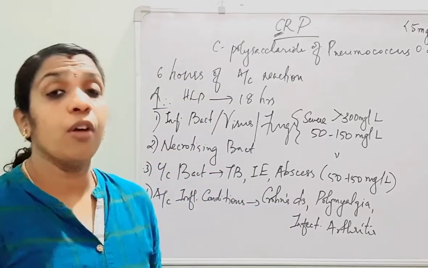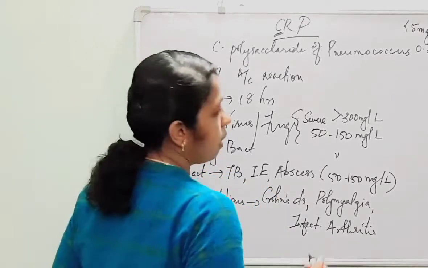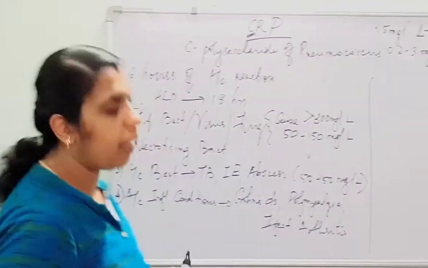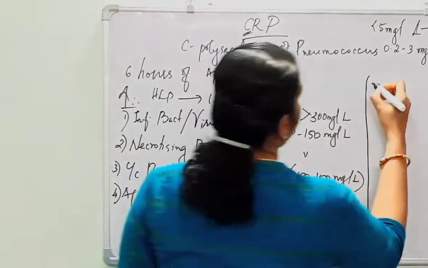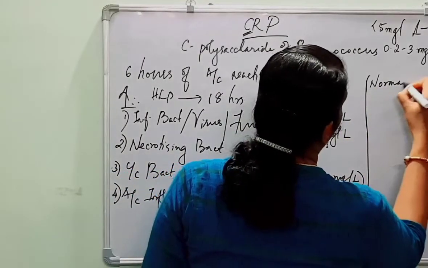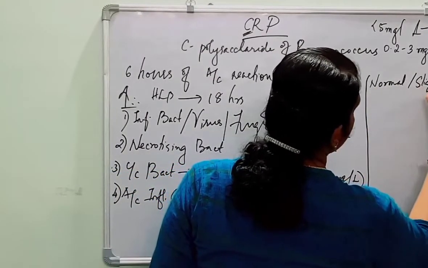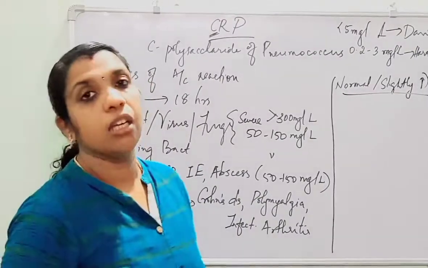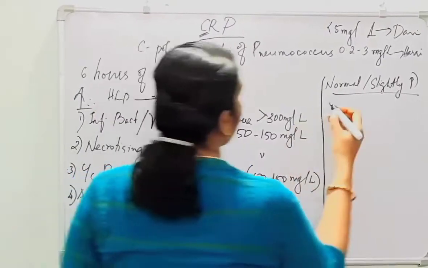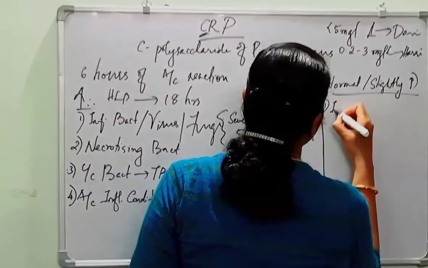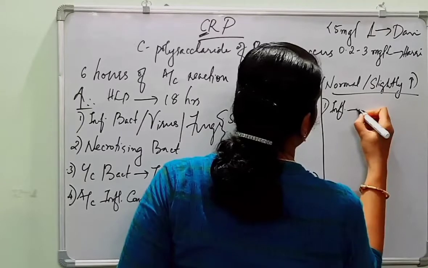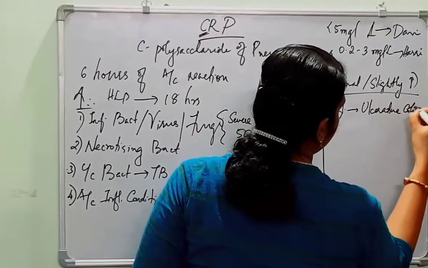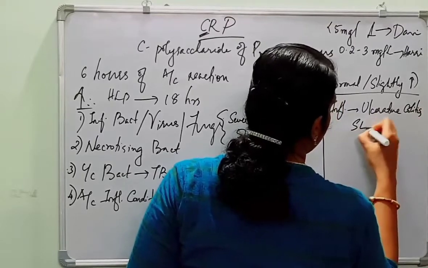Now let us see some of the inflammatory or systemic conditions where CRP will be normal or slightly increased. Inflammatory conditions such as ulcerative colitis and SLE.